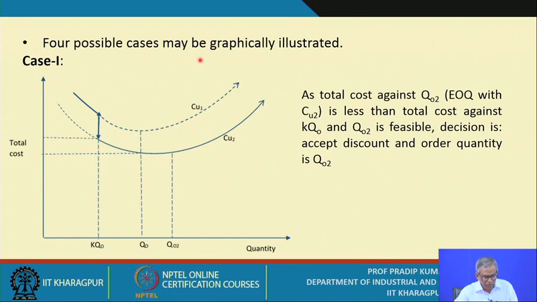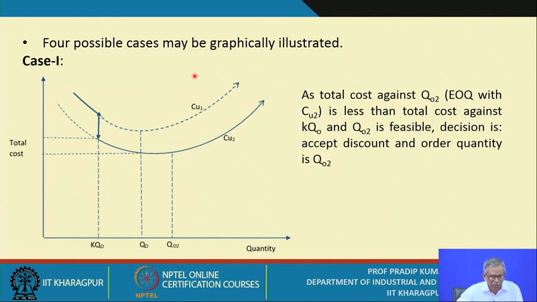Now four possible cases may be graphically illustrated, and for each of the cases, you need to decide whether you will accept the discount or not. If you accept, what will be your order quantity? That's it.